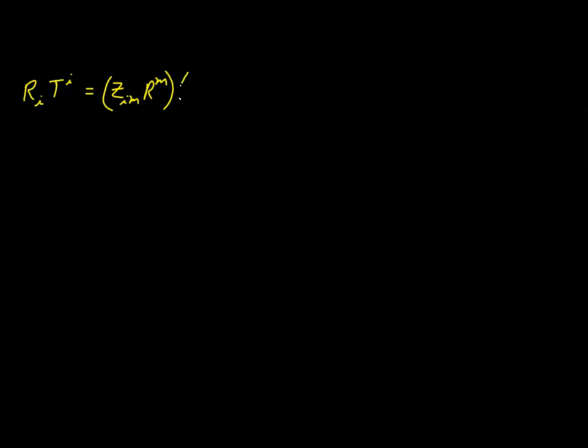I'm going to do the same thing with T. I'm going to replace it with this expression. And I hope you see that this factor is the same as T with an upper index of i. Okay, collect the terms a little bit. We have g^(im), g_(ik), and we have R_m and T^k like this.